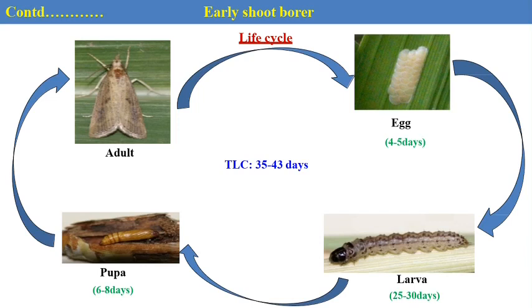This is the life cycle of the early shoot borer, having 4 different life stages. The egg laying habit is in clusters or masses. Then the larva, which is a caterpillar, is the damaging stage of this pest. The third life stage is pupa, and the last one is the adult, or the moth.